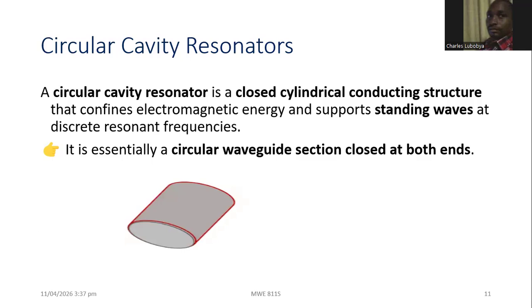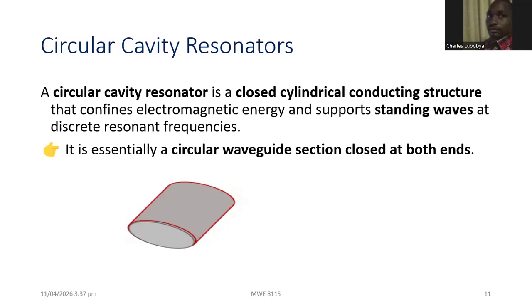The principle remains the same: confine the electric and magnetic waves inside the circular waveguide, make sure they're equal to each other, and then you create an opening on any of the sides of the circular waveguide to create an input signal as well as an output signal.